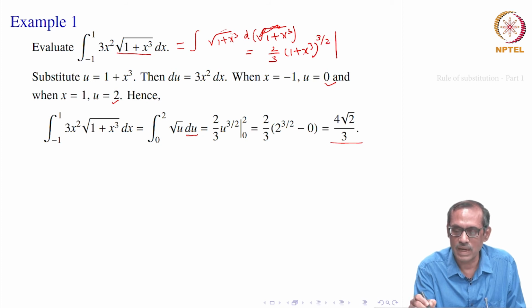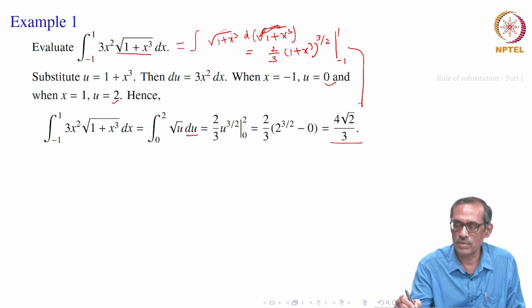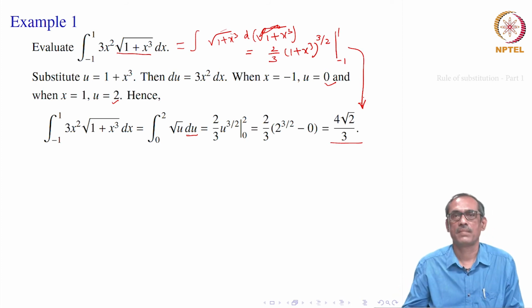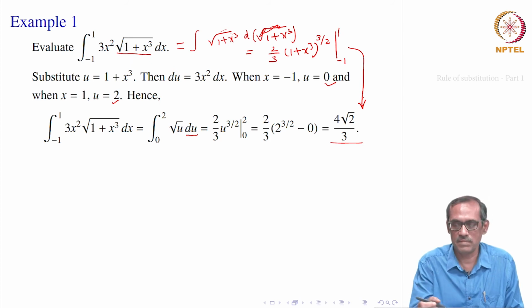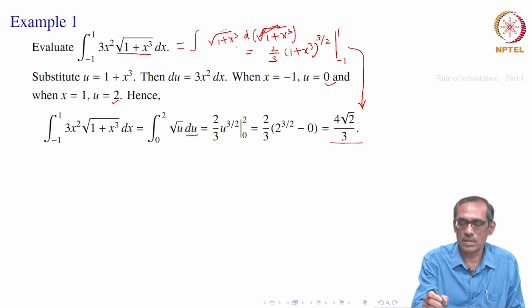This has to be evaluated. Now it is in x, we are not worried about u, it will be from minus 1 to 1 and then that will simplify to 4 root 2 by 3. But do it after some time, not now. Substituting will be easier to see instead of going directly through that.